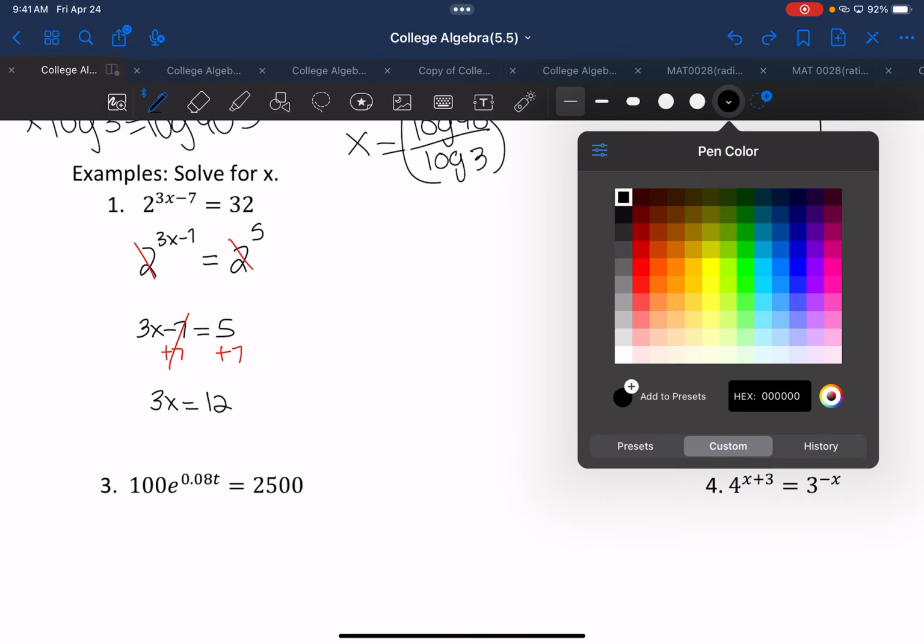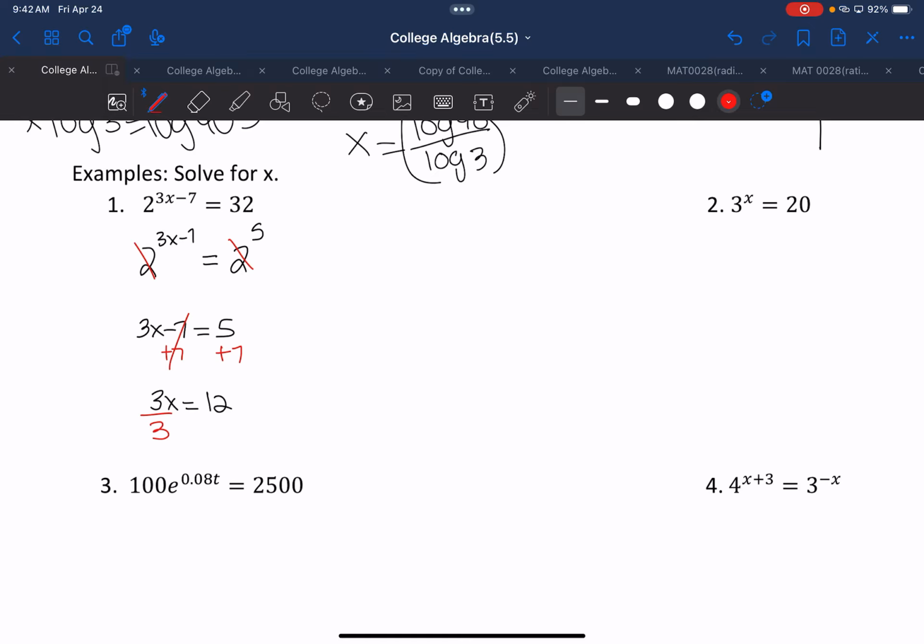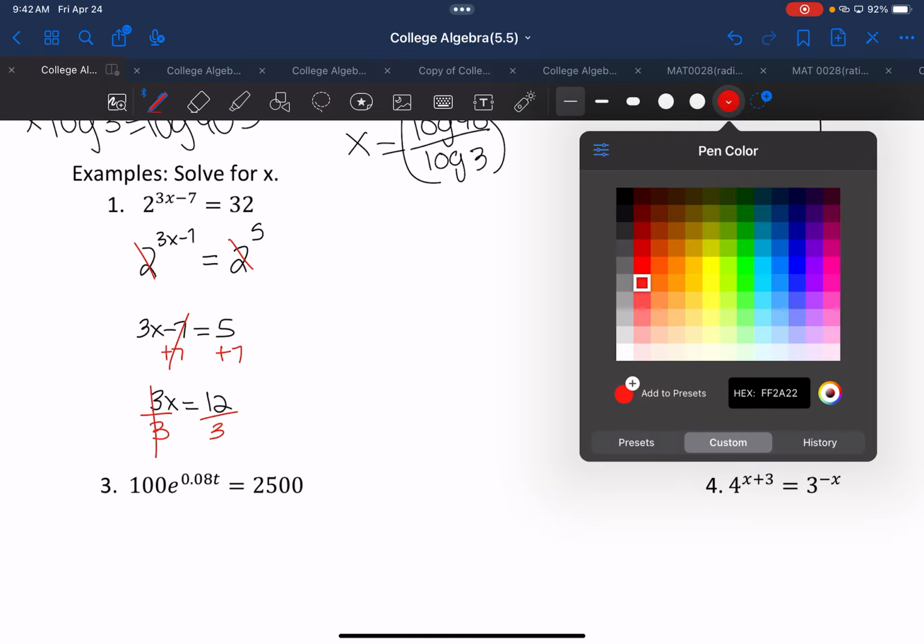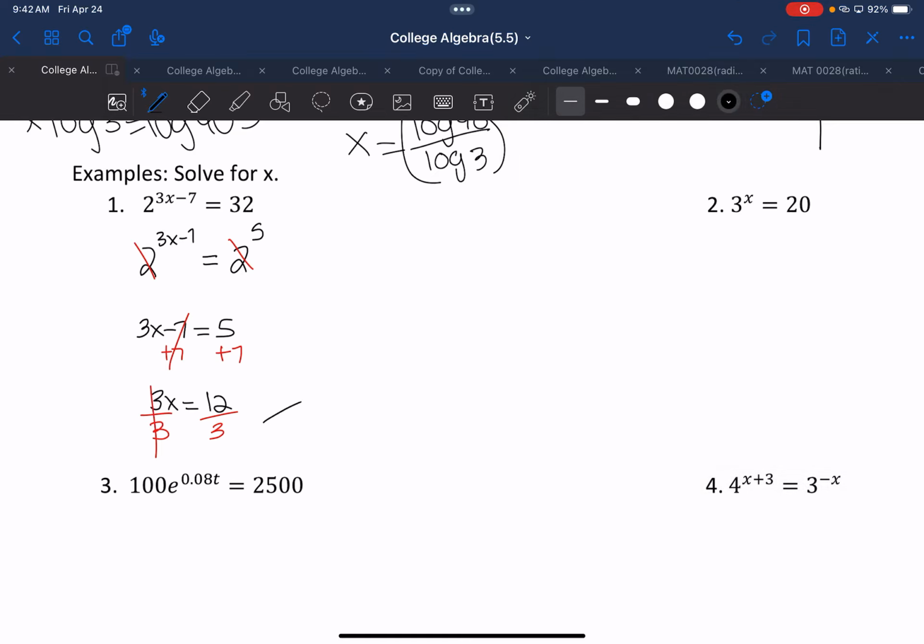And then divide both sides by 3. So x will be equal to 4. And if you plug that back in and checked, it'd be equal. 4 times 3 here is 12. 12 minus 7 is 5. So that'd be 2 to the 5th power, which is 32.